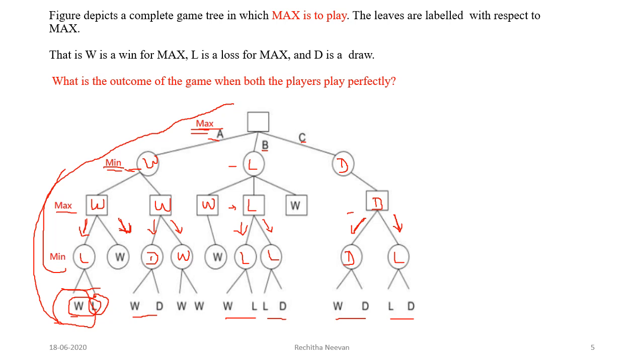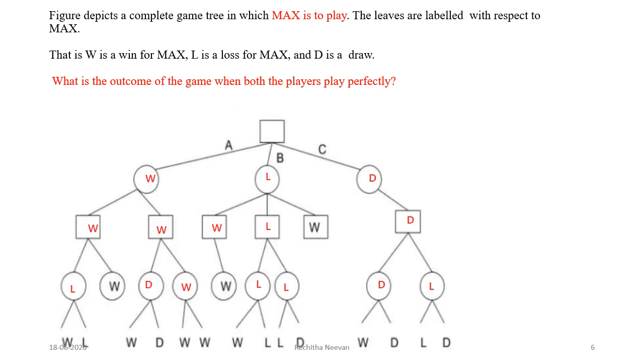So among these three values, W, L and D, this max player selects W. So the outcome of the game when both players play perfectly is, here this max node selects W. That means Max wins the game.